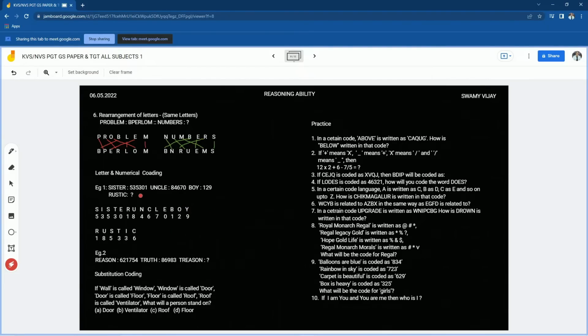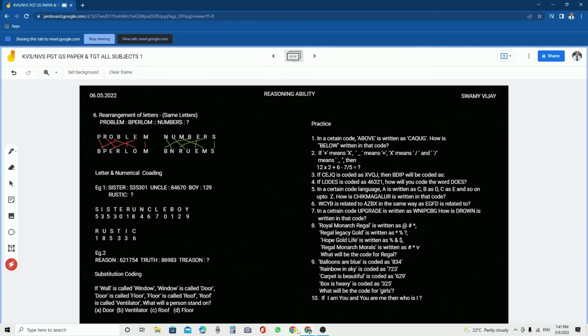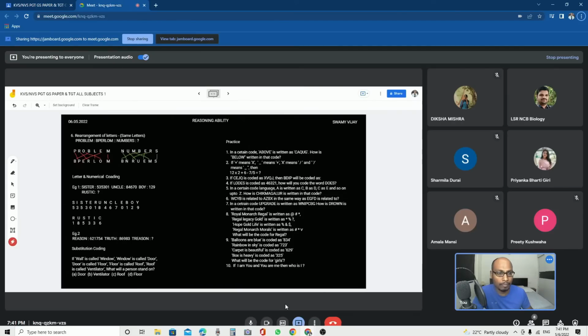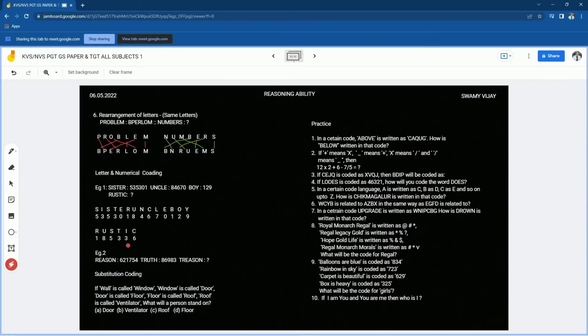Now if you want to find the answer for rustic, see where R is here. Priyanka, can you see R? Yes, sir, it is 1. What is the number given to R? 1. What is the number given to U? It is 8.